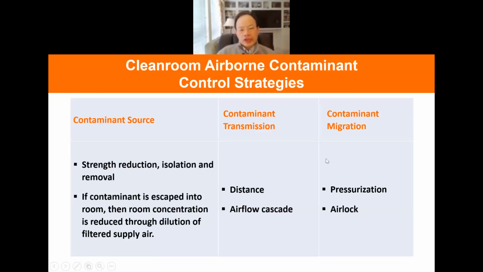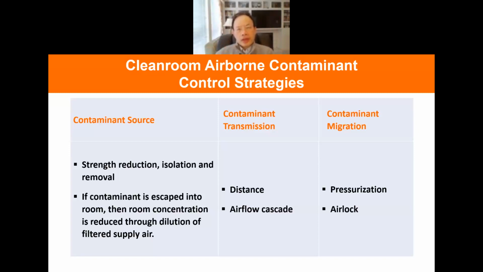And regarding the transmission, one is to keep the distance from the source. If you have a critical operation, you want to keep a distance from the source so you have less chance of being contaminated. And also the airflow cascade. You want to provide a certain kind of upstream, midstream, and downstream. Make sure the clean air flows from upstream to midstream, then to downstream.